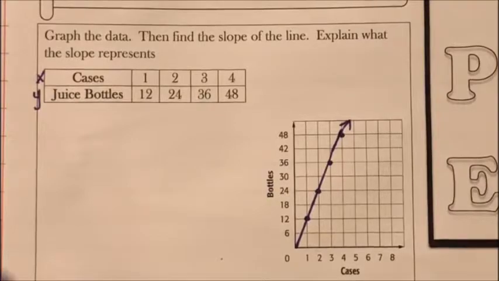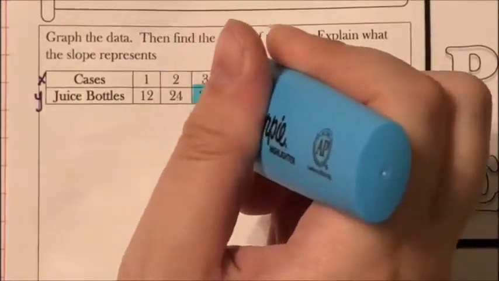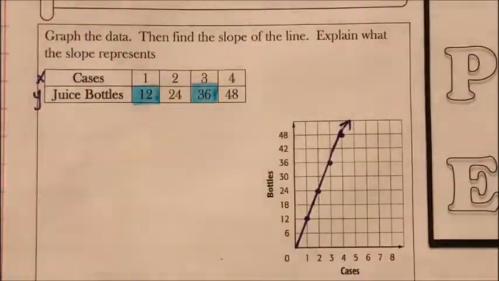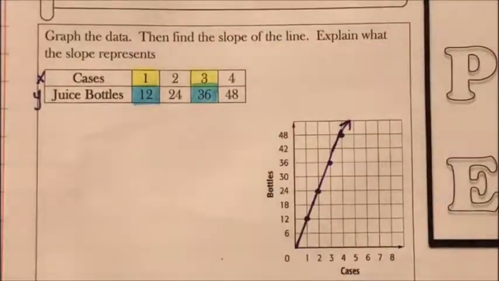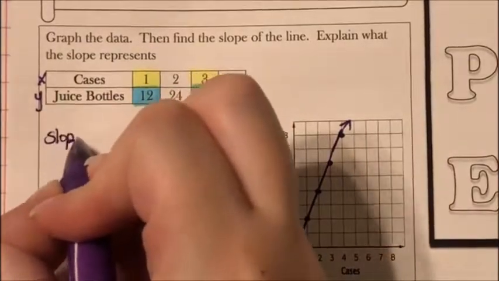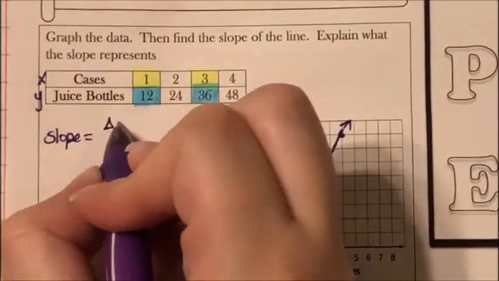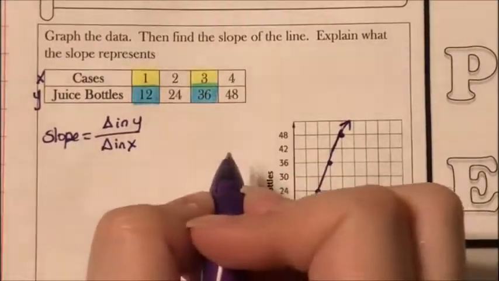So I'm going to choose 36 and 12. Okay? So that means I need to look at 3 and 1. Okay? So slope is the change in y over the change in x, right?